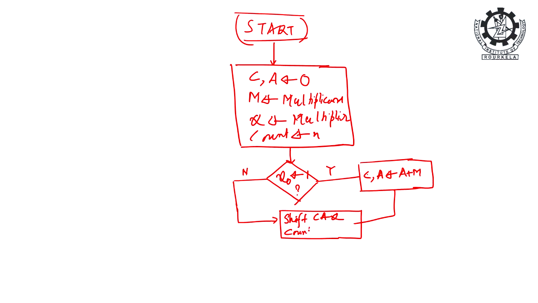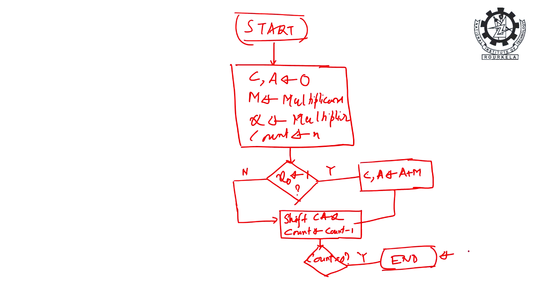So, count needs to be reduced. Okay. Now, again we check whether count is 0. If it is 0, then we are done. Okay. So, then this is the end.